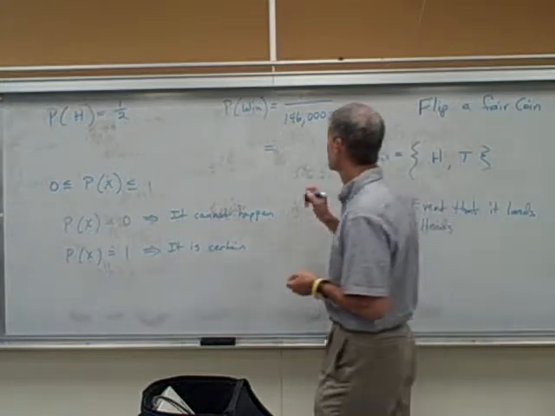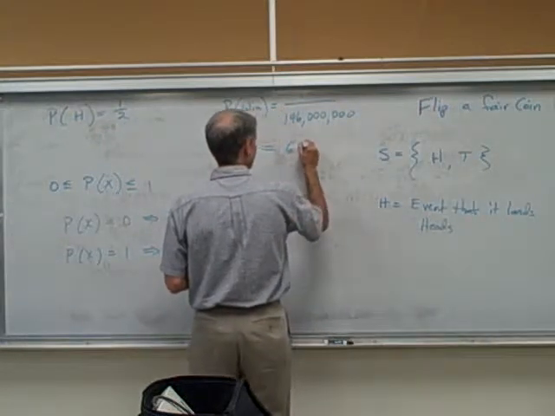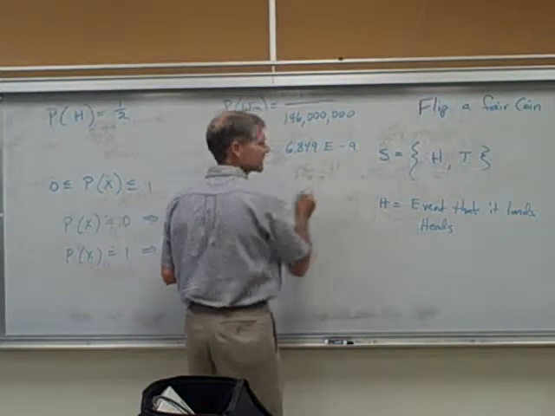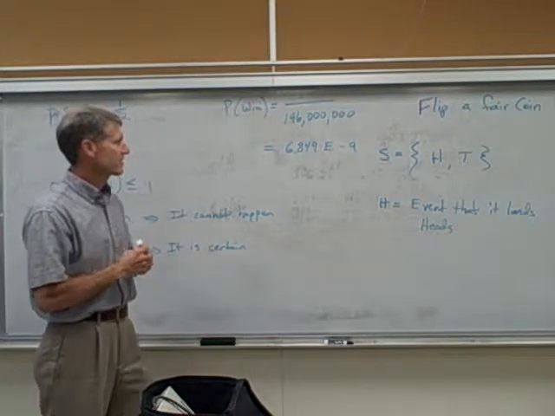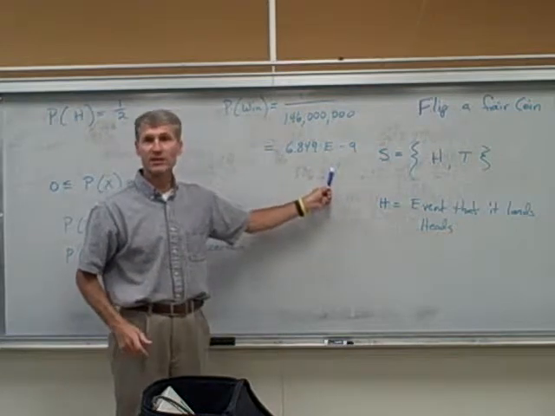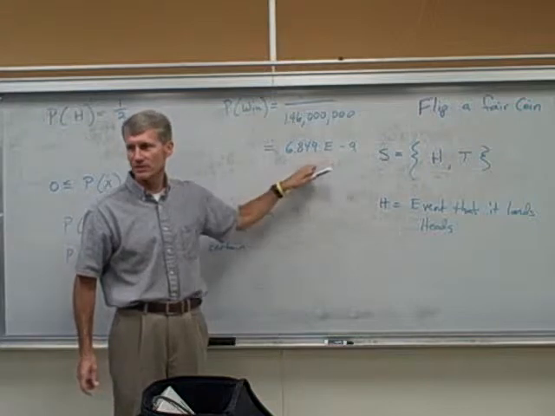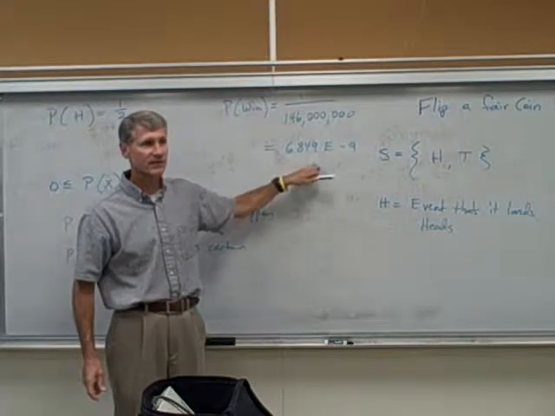6.849 to the negative 9. 6.849 times 10 to the negative 9, and it says E -9 like that. This is something that you need to start getting used to on your calculator. It goes into what's called exponential notation, sometimes called scientific notation.